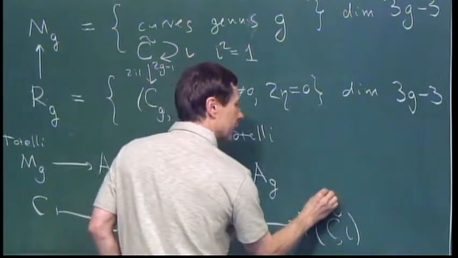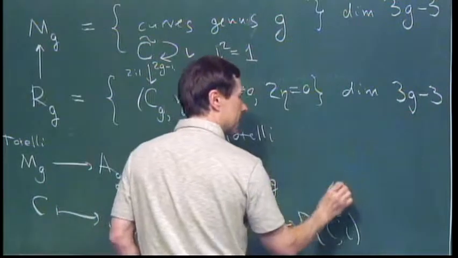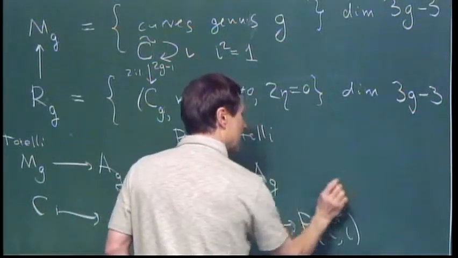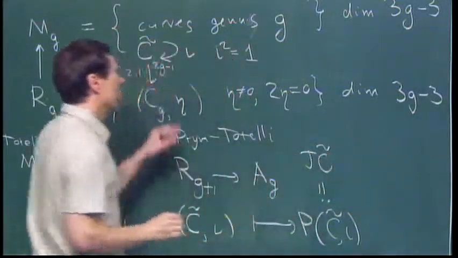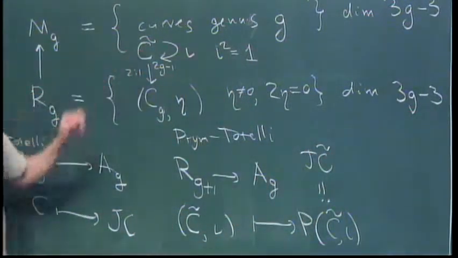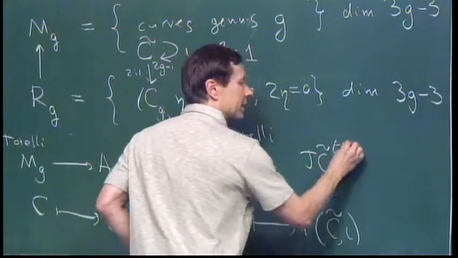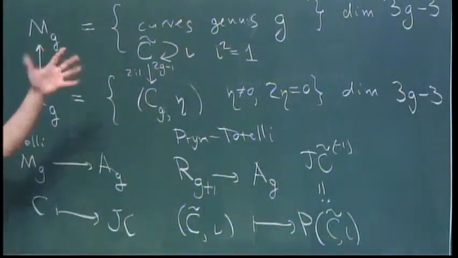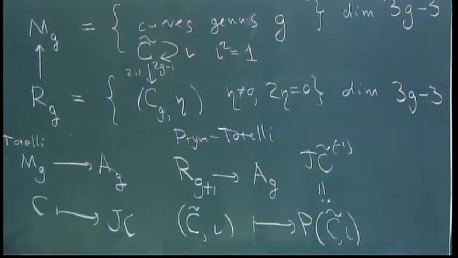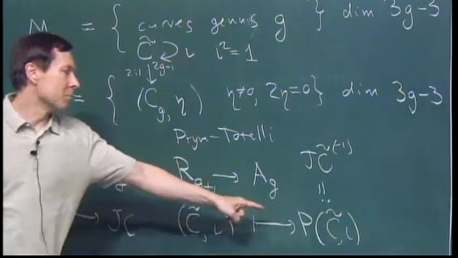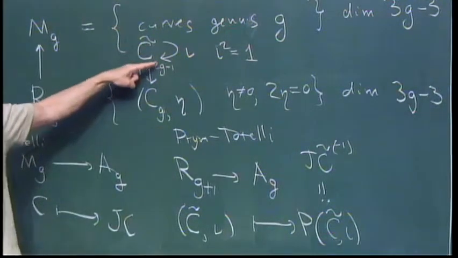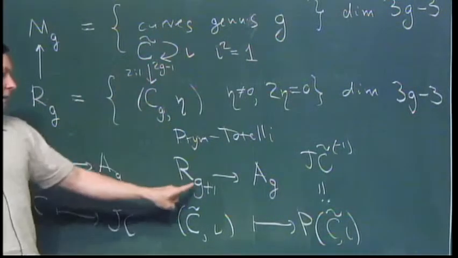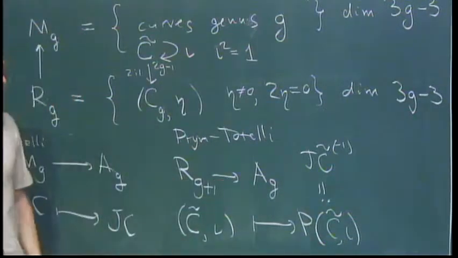By definition, you look at the Jacobian of this curve C tilde, and you look at the -1 eigenspace of the involution. You have a +1 eigenspace and a -1 eigenspace, you take the -1 eigenspace, and you get an abelian variety of dimension which is the difference. So that's why it goes from g plus 1 to g.